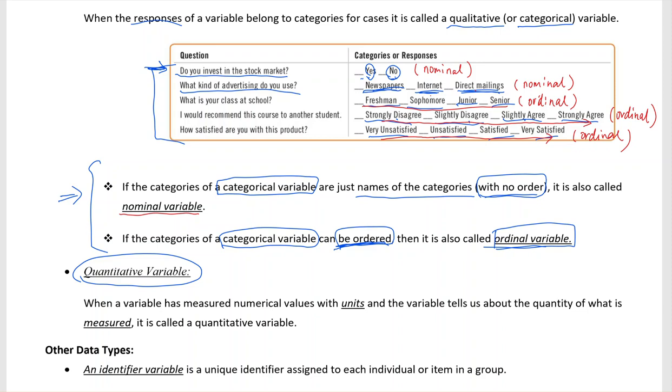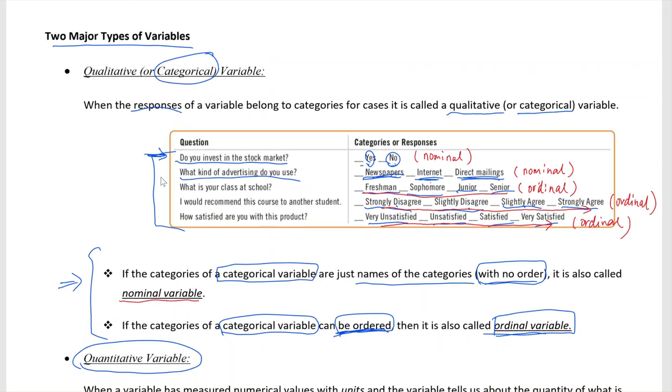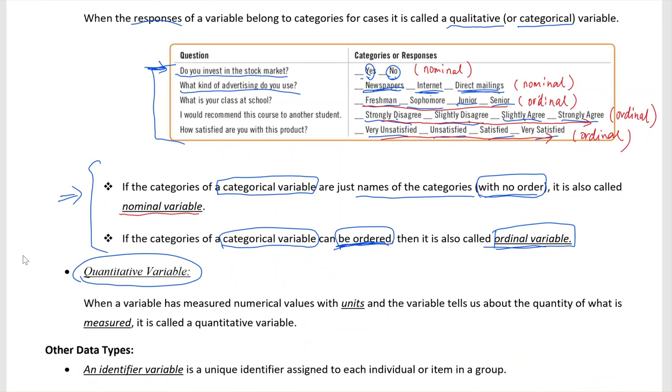Alright, okay. Next, we'll talk about the quantitative variable. Right, in contrast with the qualitative variable, a quantitative variable will have numerical values, will be numbers, but these numbers must come with units.